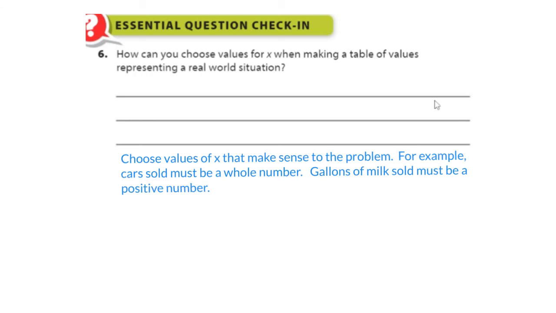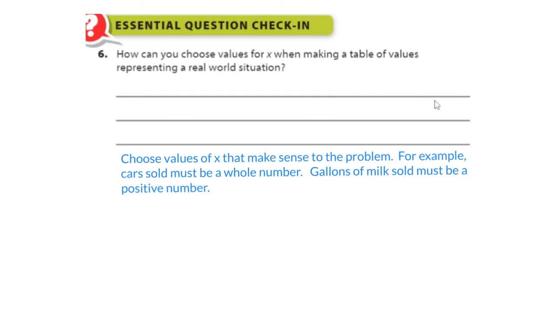All right, so this is what I decided. Choose values of x that make sense to the problem. For example, cars sold must be a whole number. If you're talking about cars, you can't have half a car or a decimal of a car. You have gallons of milk that you sell. That has to be a positive number because gallons of milk aren't negative.